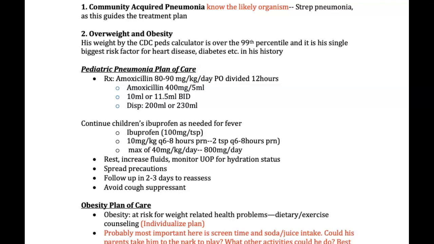If you calculate that out based on his weight in kgs, it'll work out to be 10 mLs or 11.5 mLs BID, depending on whether you're going with the 80 or the 90 mg per kg per day dose twice a day. And you would dispense 200 mLs if you were doing the 80 mg per kg per day twice a day, or 230 mLs if you were doing the 90 mg per kg per day twice a day.